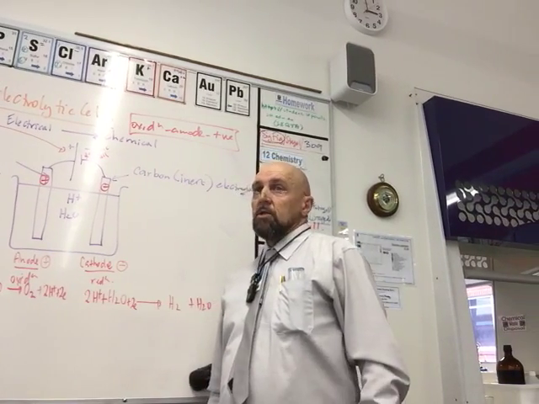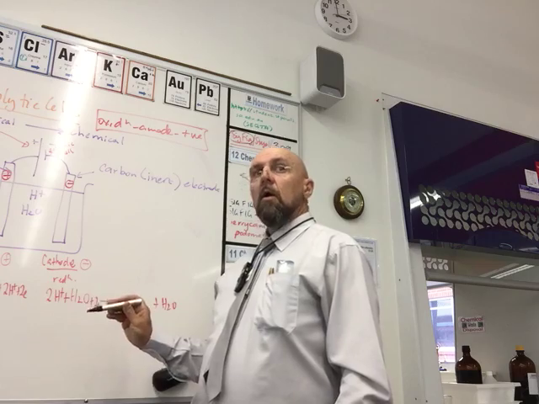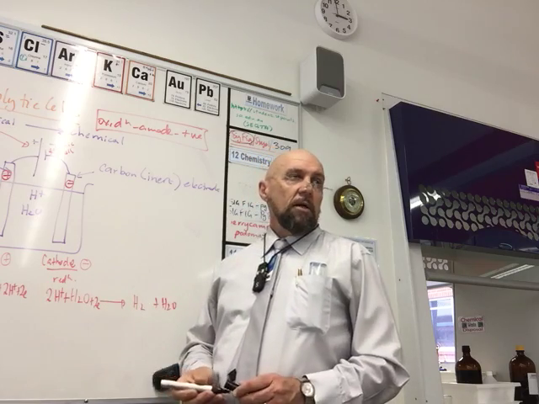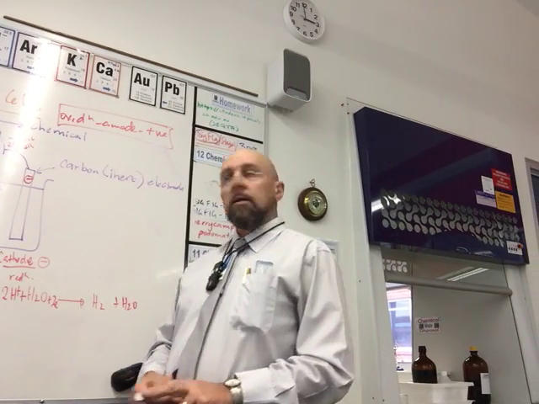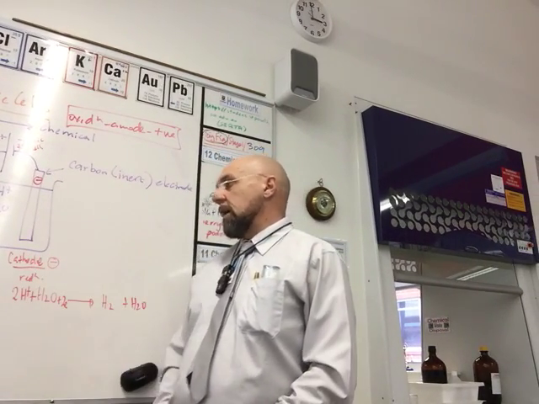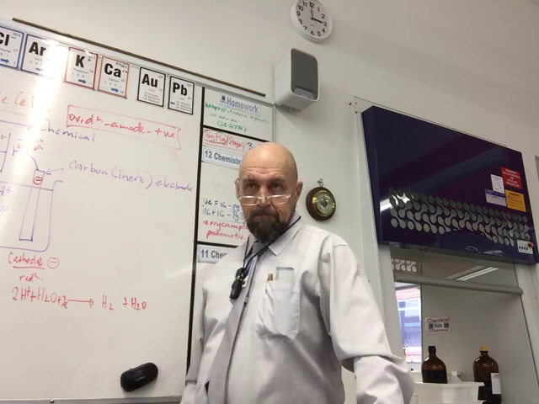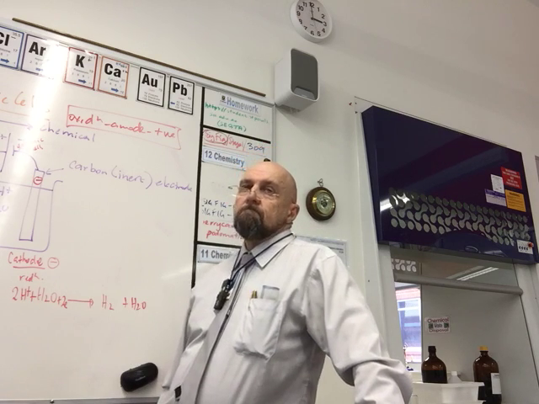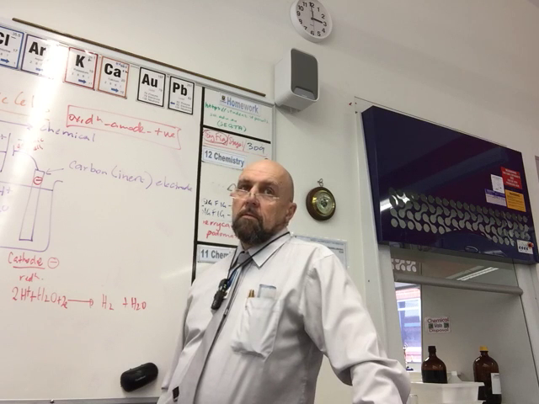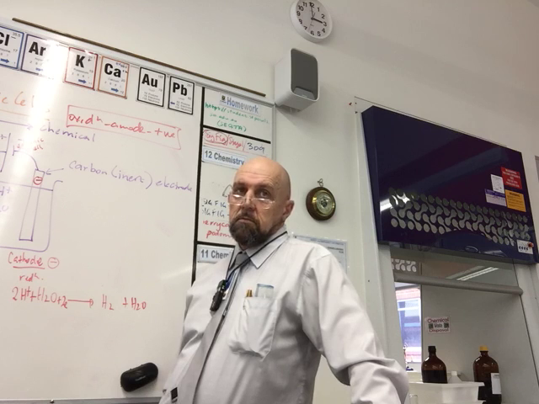So, in the case of an electrolytic cell, we work slightly differently. We know which one is the anode from the charge. We know which one is the cathode from the charge. So, which way are electrons flowing in the circuit then? Look at the reactions. Where are the electrons being gained?